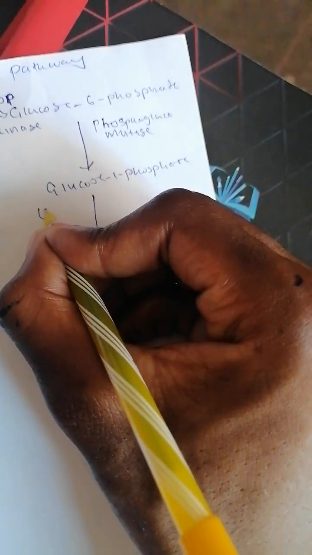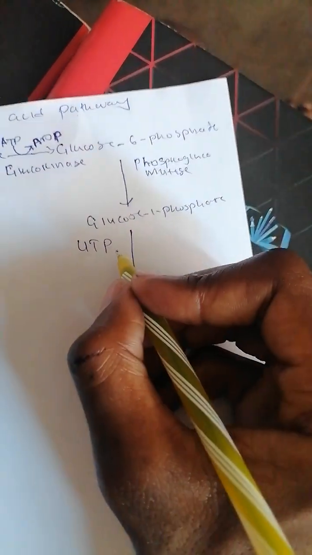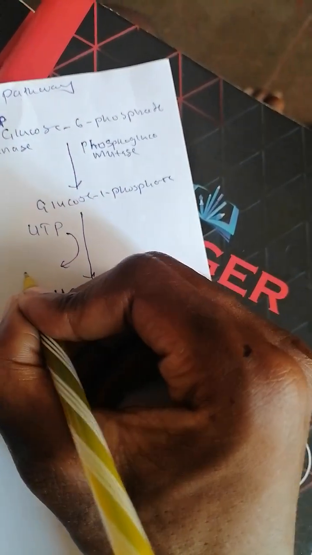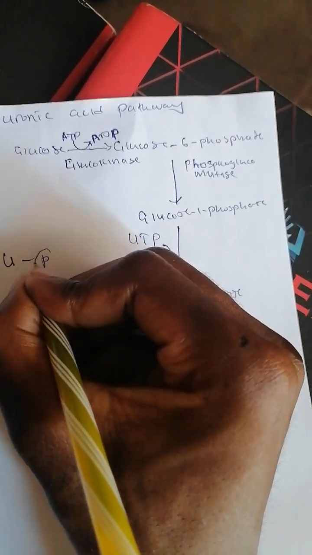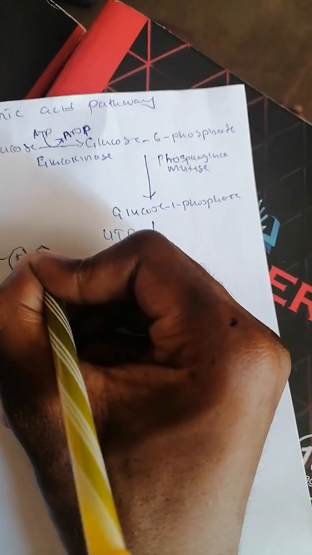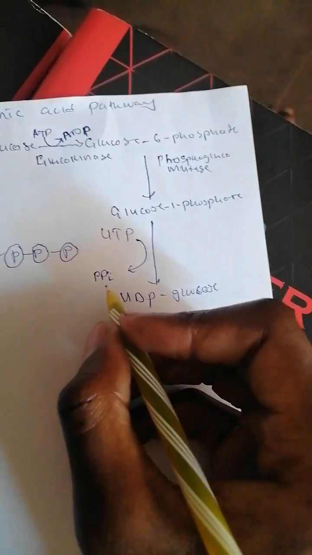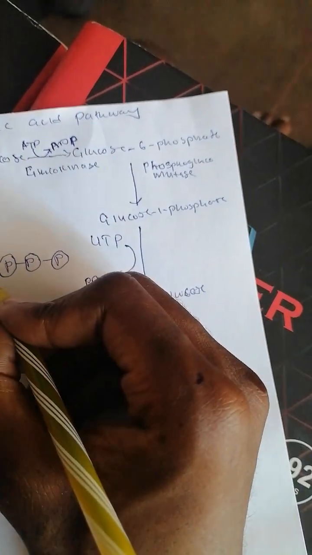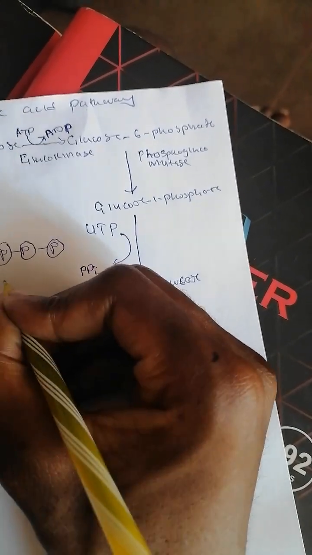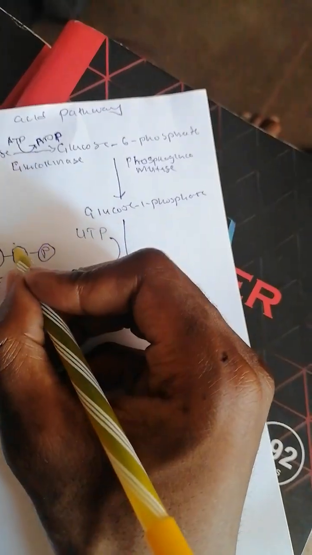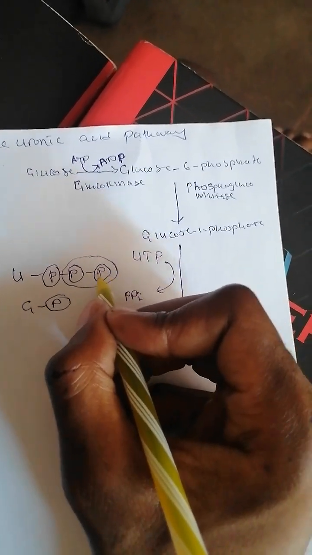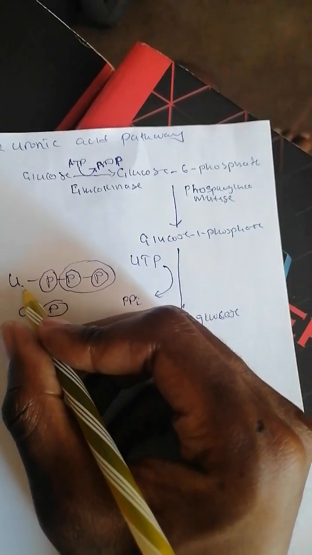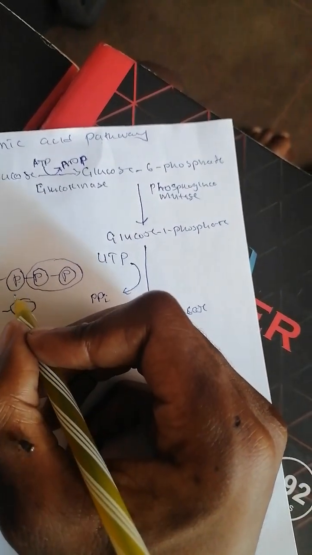Uridine triphosphate, which has 3 phosphates, loses 2 phosphates and remains with 1 phosphate.